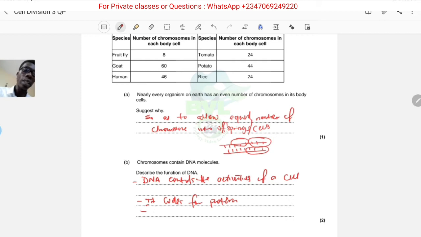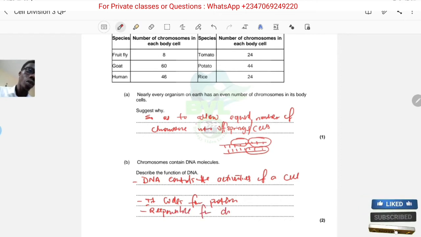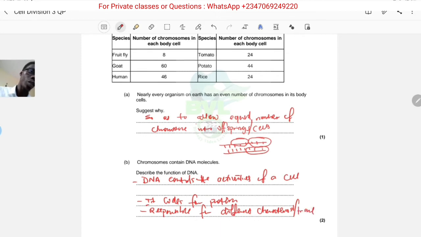Then the protein is responsible for different characteristics, or traits for short. All right, that's 2 marks there.